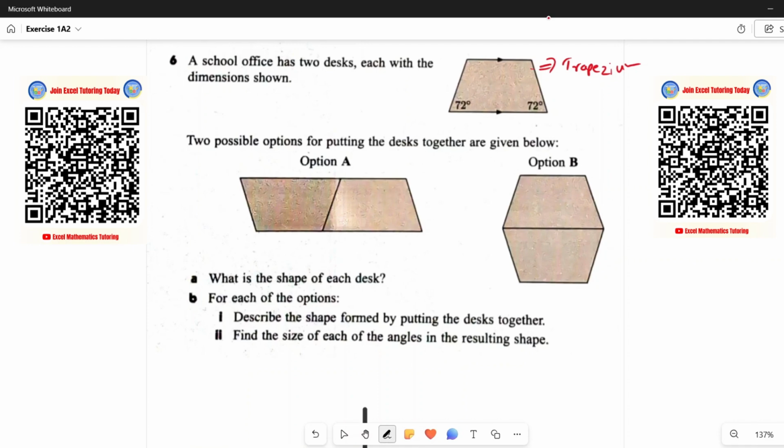They are putting two desks together and forming a shape in option A. Again they are taking this desk and forming the other arrangement of desks in option B. So we need to find the shapes in option A and option B. In the first option, these two sides are parallel, which means this is a parallelogram.